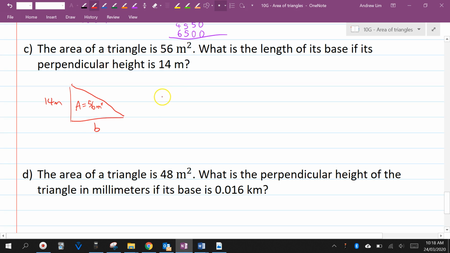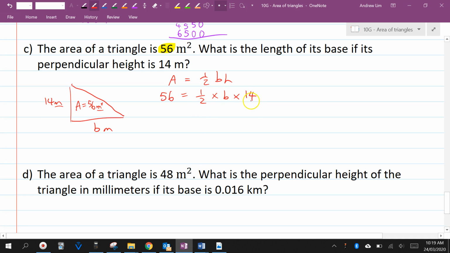So we know that because everything is in the same units, meters, that makes it nice and easy. I don't need to convert anything. So because the formula is A equals half times base times perpendicular height, and in the question it says that the area is 56, I'm going to replace that A with 56. And that's equal to half times the base times the perpendicular height of 14.